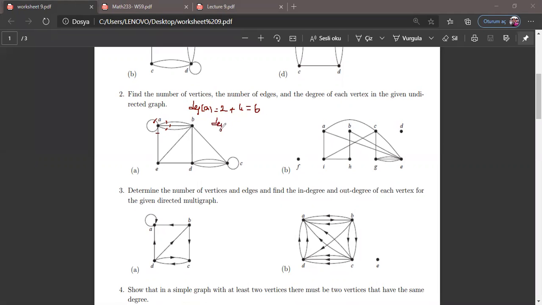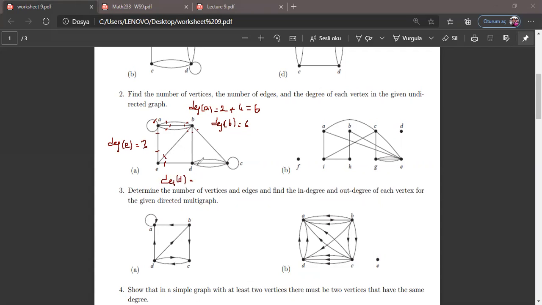What about the degree of B? We have 1, 2, 3, 4, 5, 6 edges, so it's 6. And what about E? The degree of E is 3: 1, 2, 3. And what about D?